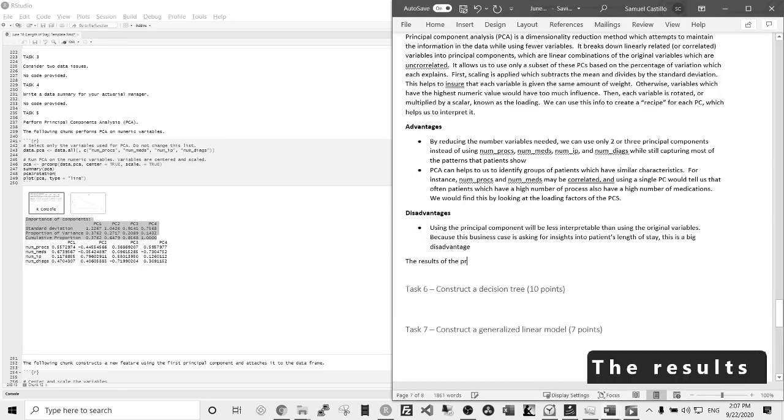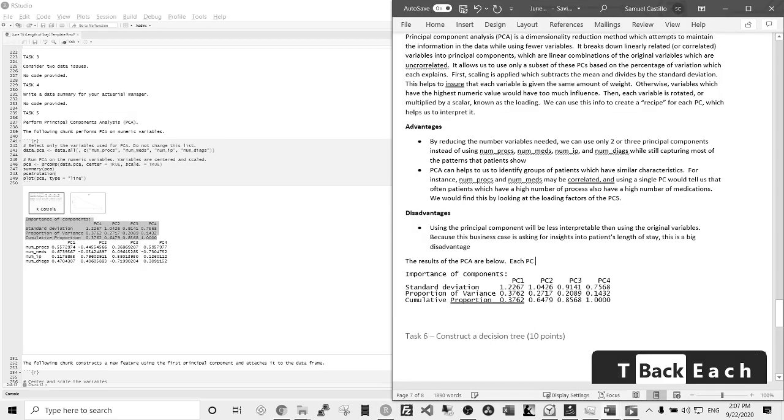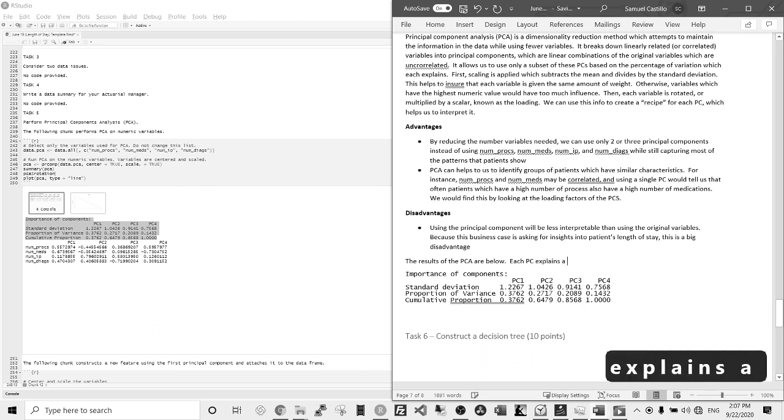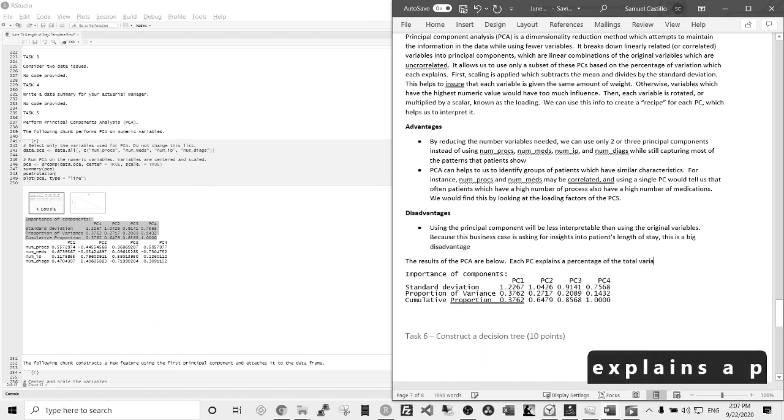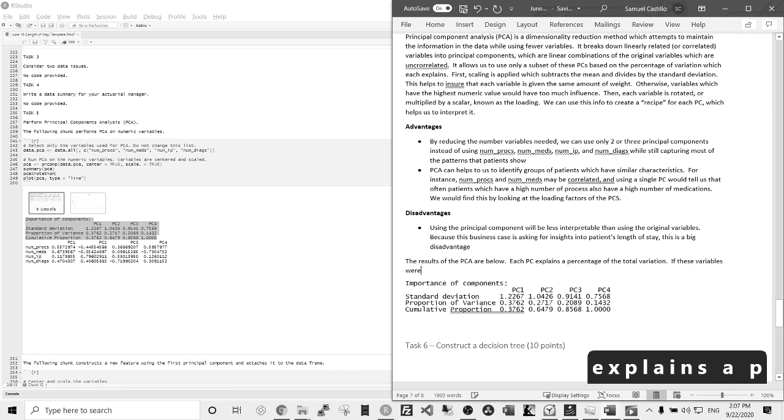So the results of the PCA are below. Each PC explains a percentage of the total variation. If these variables were independent, that is, their correlation was 0, then the cumulative proportion would be 25% for each PC.